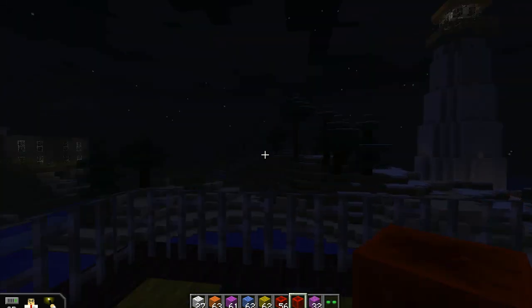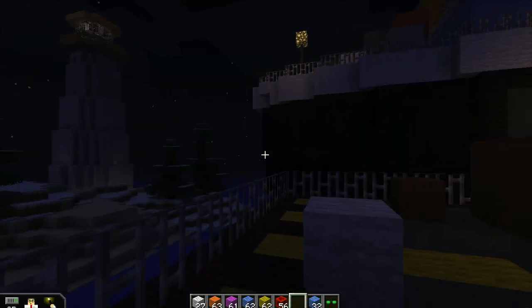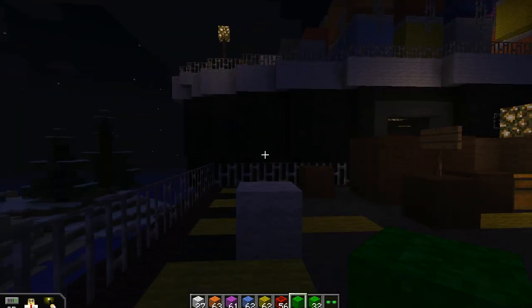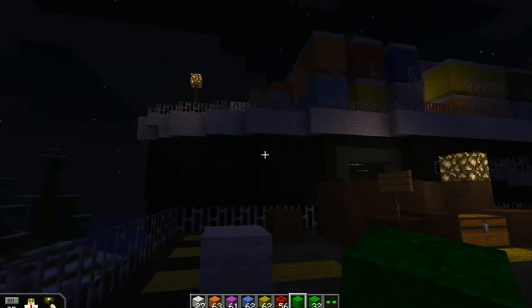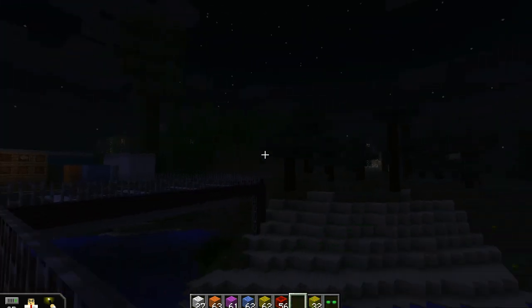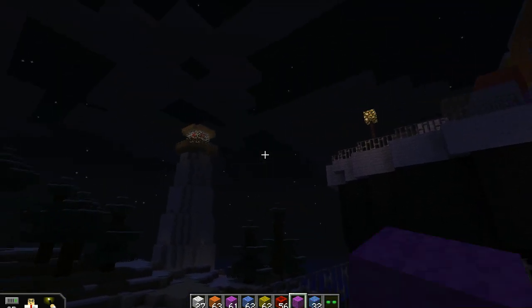If I go stand over here and observe that block, at some point it's going to change to redstone, and my lighthouse goes on.